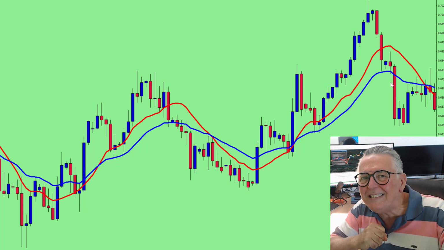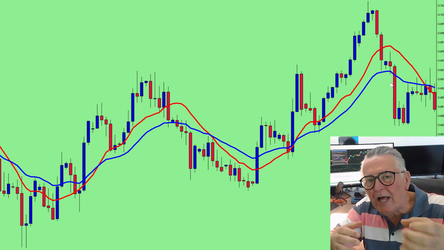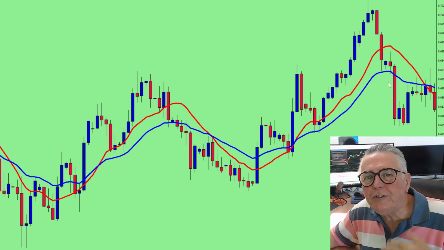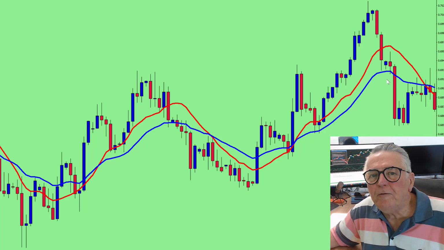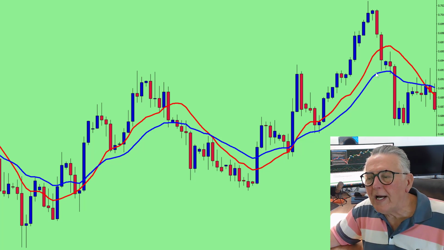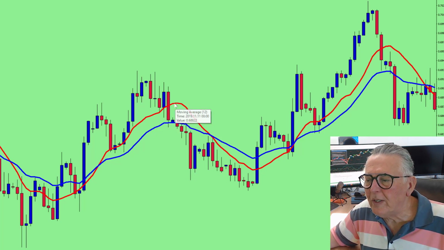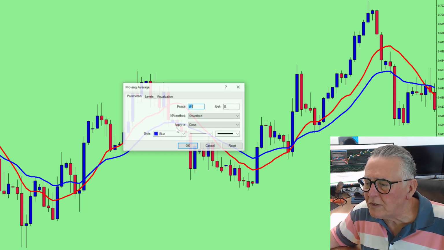The one delays the signals, and the other one increases the speed of the signals. And what you need to do is play around with those to find out which ones you like best. I actually just like the simple one, but there are a lot of people that prefer the other type. So let's go and have a look at one more type.